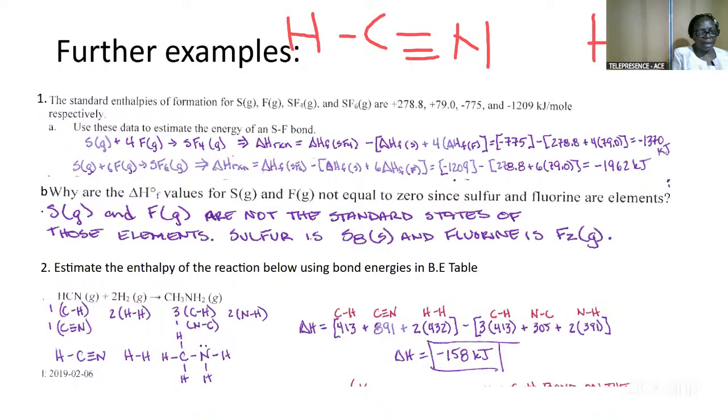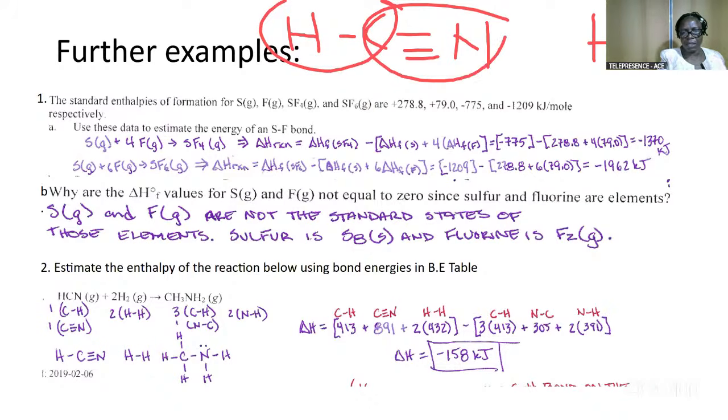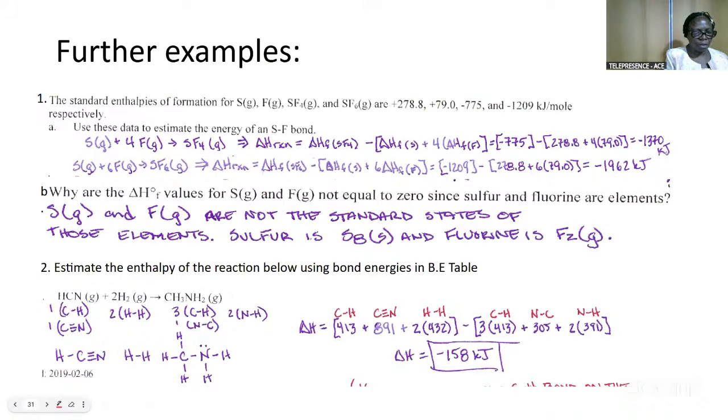For HCN, there is one C-H bond here, and there is one C triple bond N here. So this is the bond we are referring to specifically. That takes care of the first reactant. For hydrogen, that is simple for you to know. So let's look at CH3NH2.